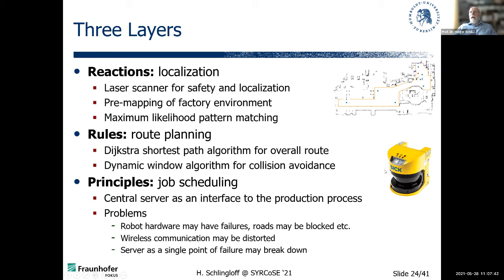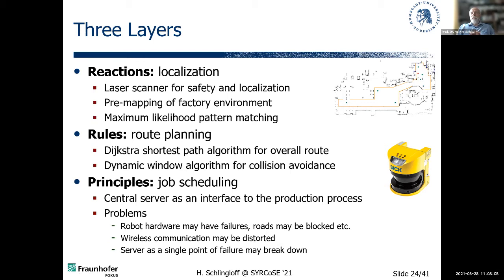The laser scanner also can localize the robot on the map. The robot has a map of the factory, and then it has a picture taken by the laser scanner, and it puts these atop each other and says where's the maximum likelihood where I am at the moment.